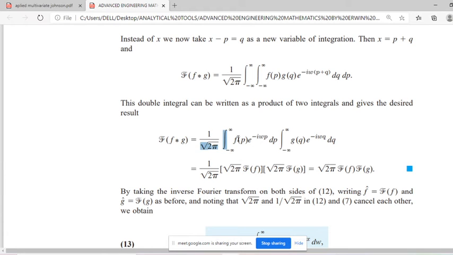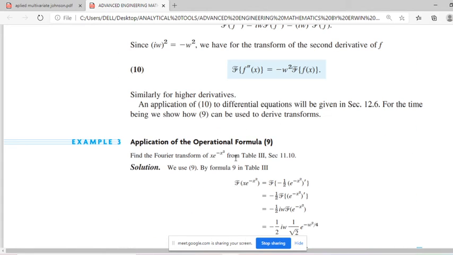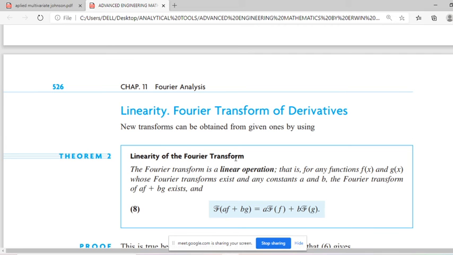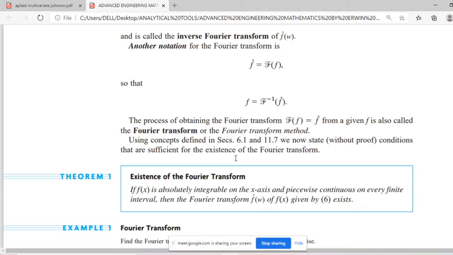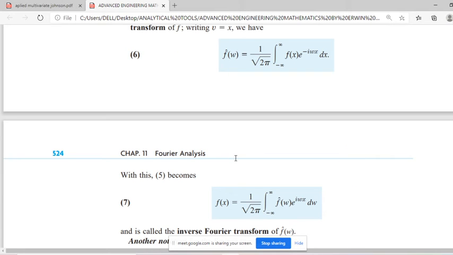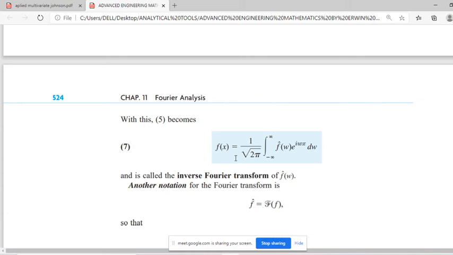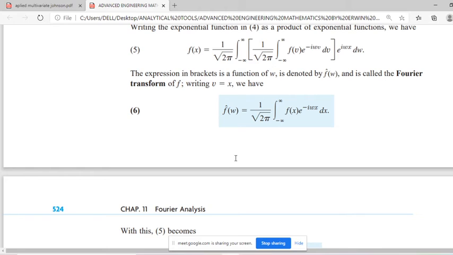Then only we can say that this is f cap of w, using the Fourier transformation formula. I will show that formula here. Yeah, this one. f of x equals 1 by root 2 pi into integral of f cap of w e raised to iwx. And f cap of w is equal to 1 by root 2 pi into integral minus infinity to infinity f of x into e raised to minus iwx.